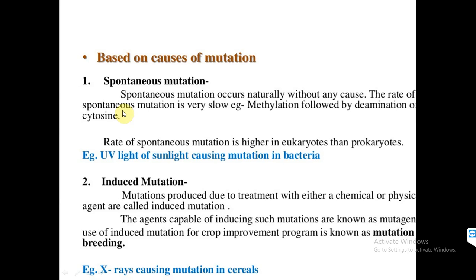So what is mutation breeding? These chemicals we can use even for increasing the growth of the crops and for improving the condition of the crop. How can we do that?